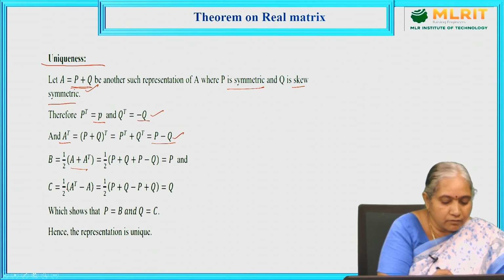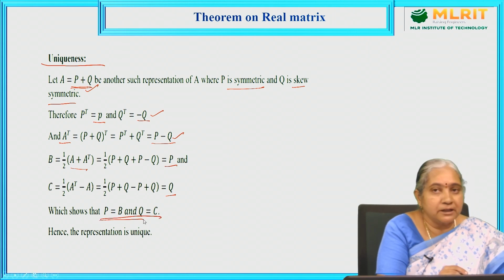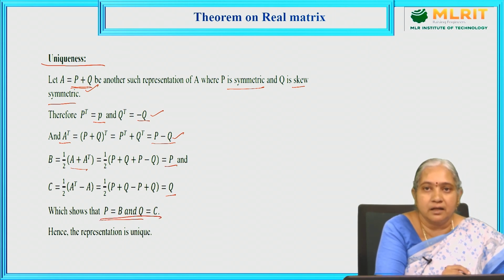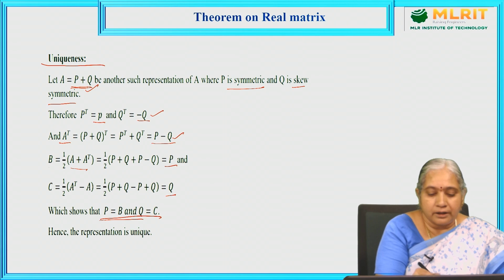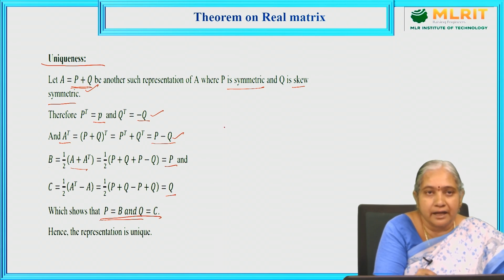So C equals Q, B equals P. So the representation of the square matrix is unique. Therefore every square matrix can be expressed as the sum of symmetric and skew symmetric matrix uniquely.